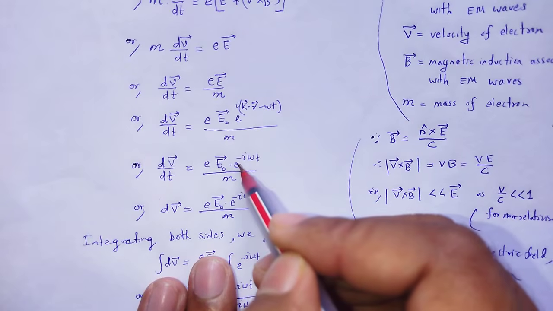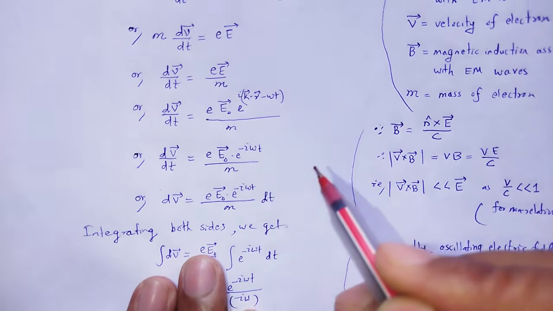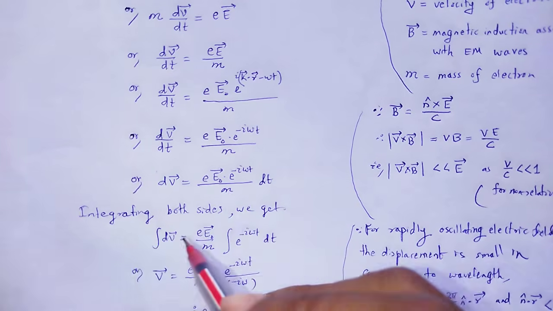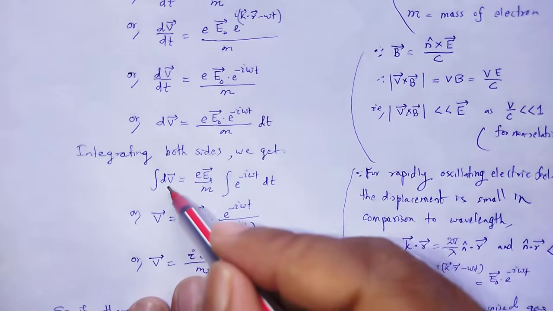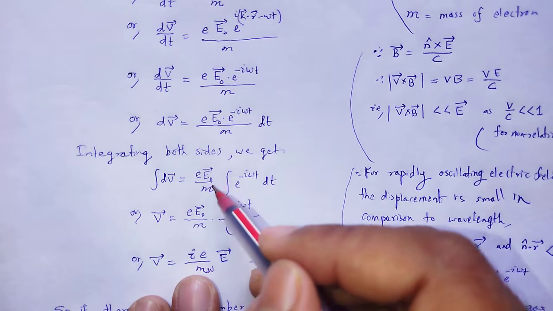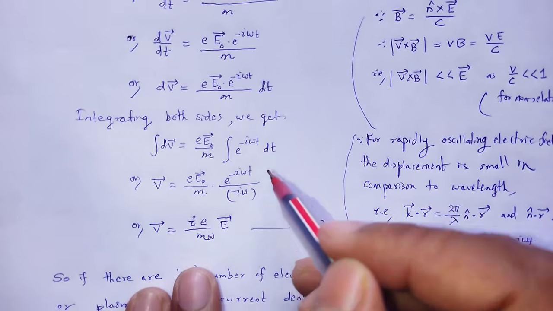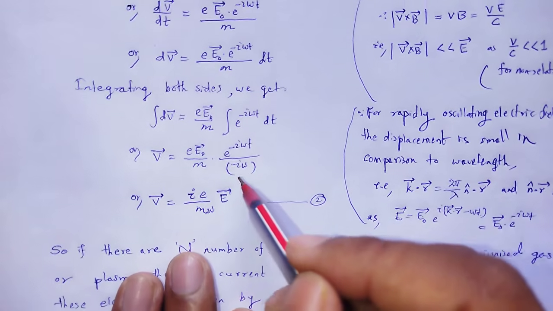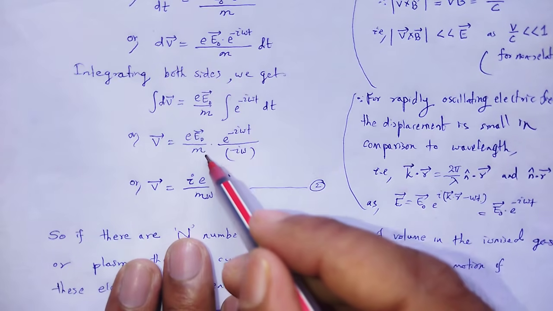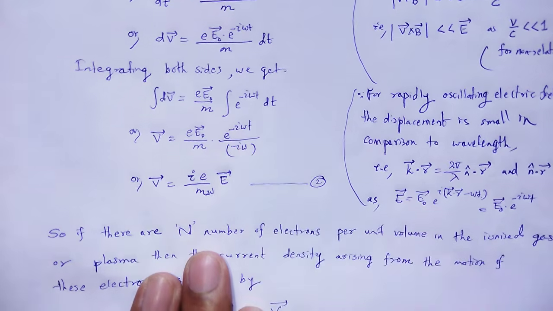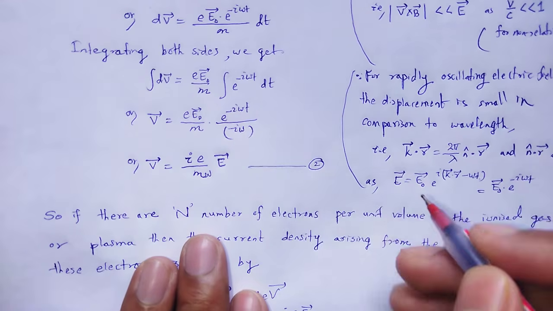In this term, e to the power minus i omega t. Overall, dv is equal to dt into that much. Integrating both sides, the constant term to the outside of that of integration. Next, integrating that one, we obtain this. So E naught e to the power minus i omega t, that is nothing but E vector.